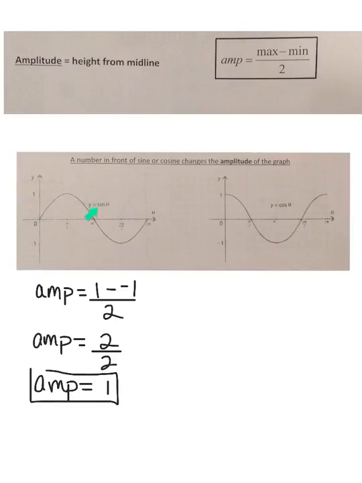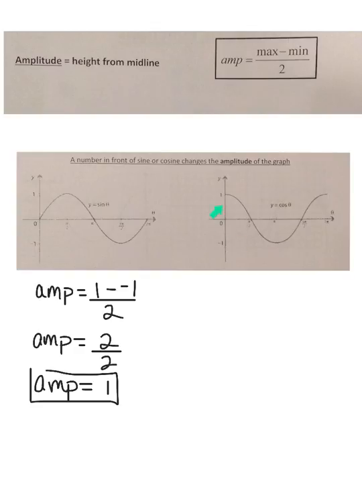That number right there signifies what we call the amplitude. And look, our amplitude is 1. So we can kind of cheat, and we understand that for a sine or a cosine curve, if there isn't a number in front, we always assume that's a 1. So then the amplitude would be 1.